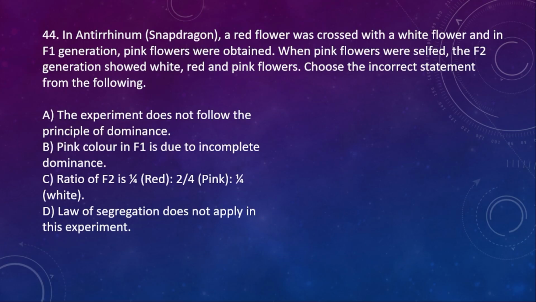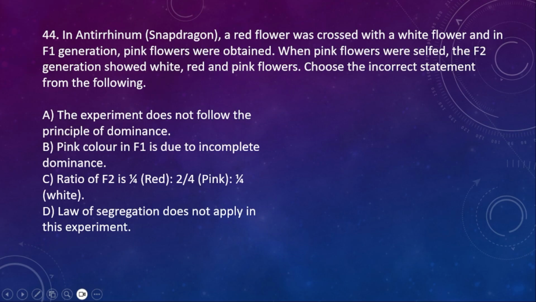Here the first one is A. The experiment doesn't follow the principle of dominance. This one is correct. B. Pink color in F1 is due to incomplete dominance. This is correct. And then C. Ratio of F2 is 1/4 red, 2/4 pink and then 1/4 white.